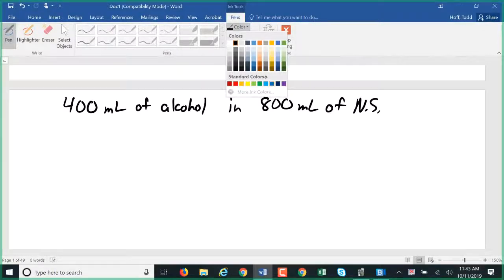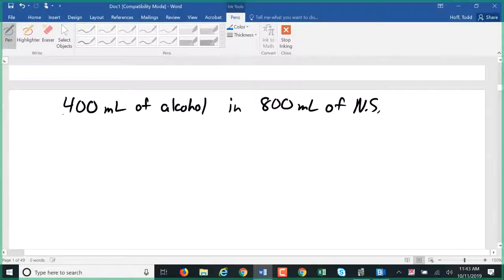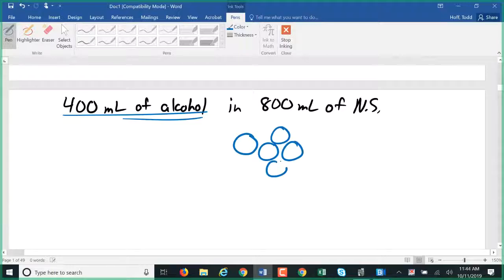Reason being is alcohol dissolves in water. So we talked a little bit about this before. If I let the water particles be blue, water particles might be something like this, their arrangement. The alcohol particles, make them brown, actually fit in between the particles of water.